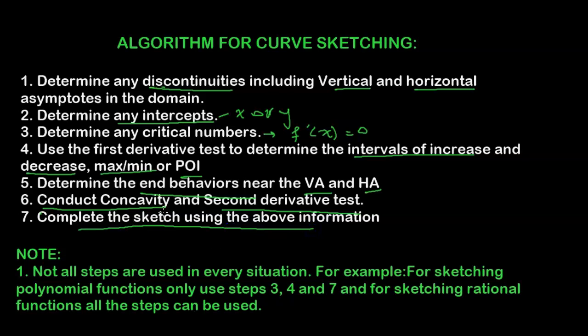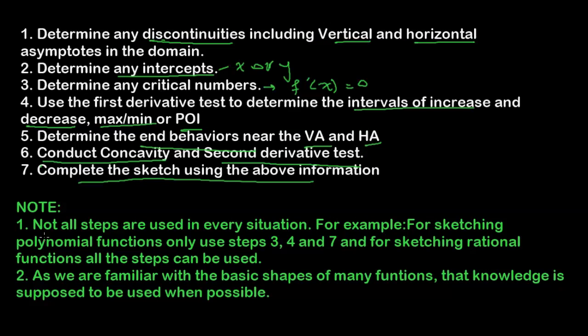Now there are points to be noted in this algorithm, and that is, the first point is that not all steps are used in every situation. For example, if we are sketching polynomial functions, then only third step, that is determine any critical numbers, fourth step, that is use the first derivative test to determine the intervals of increase, decrease, max, min, or point of inflection, sixth step, to conduct concavity and second derivative test, and seventh step, to complete the sketch.